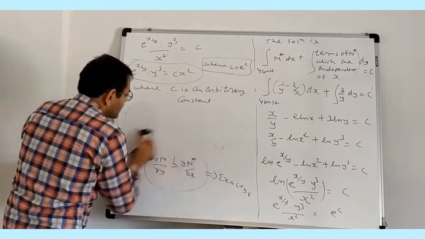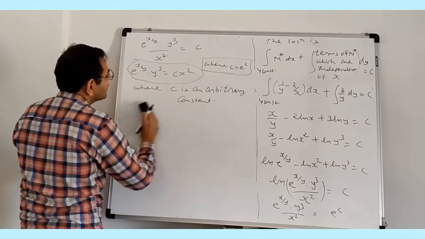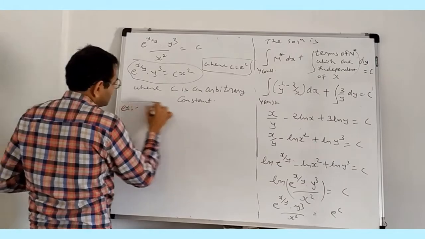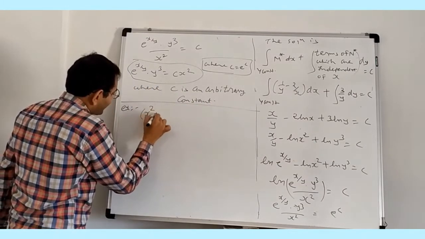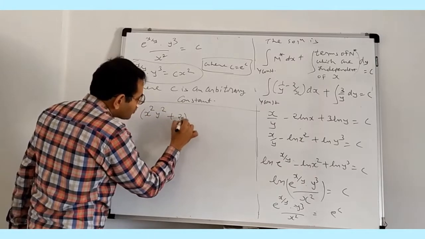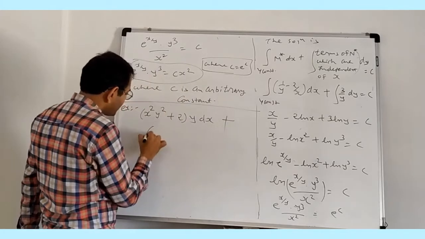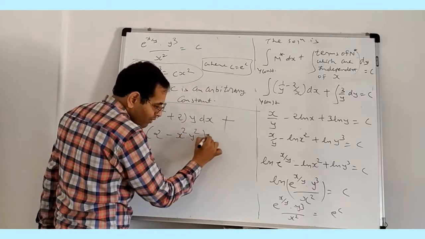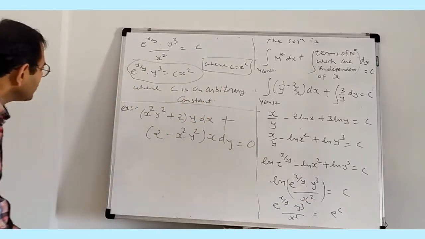Another example is (x square y square plus 2) y dx plus (2 minus x square y square) x dy equal to 0.